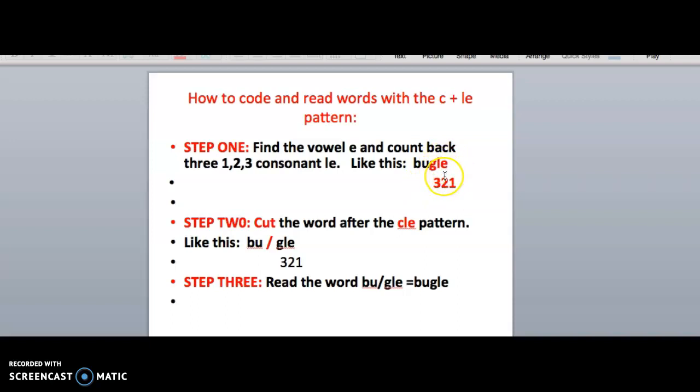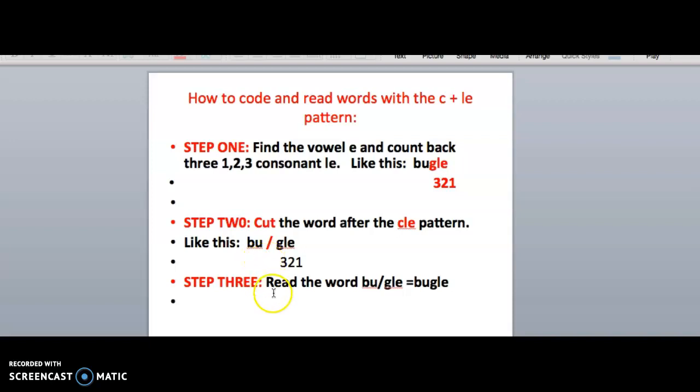I know I have to find my pattern and I count back 3. I go 1, 2, 3, consonant LE. After that, I go to step 2. And step 2 is to cut the word after the consonant LE, just like I did here. I did 1, 2, 3, consonant LE, and then we chop the word.